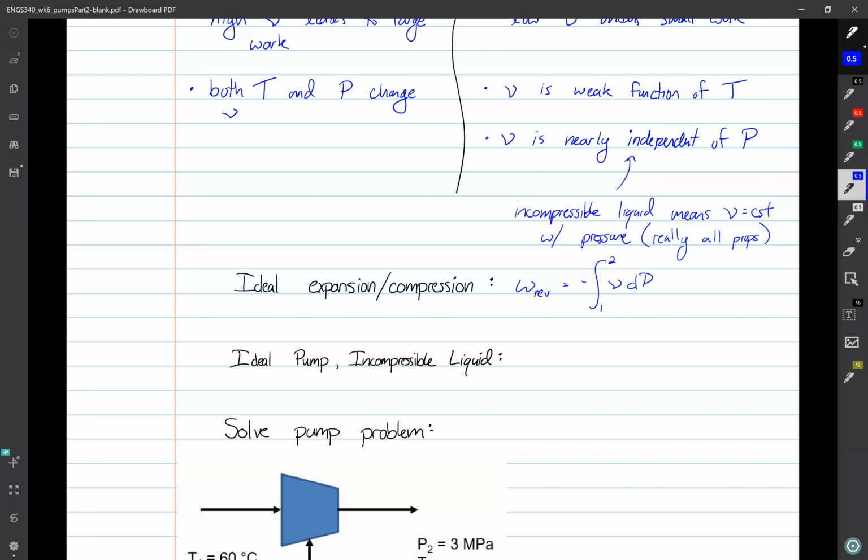What that means is, we know this from everyday experience: if you fill a balloon with gas and you squeeze on it, the gas will contract. If you pull on a gas, you can expand it. If you have a liquid and you press on it, it doesn't really change. It's kind of like a solid.